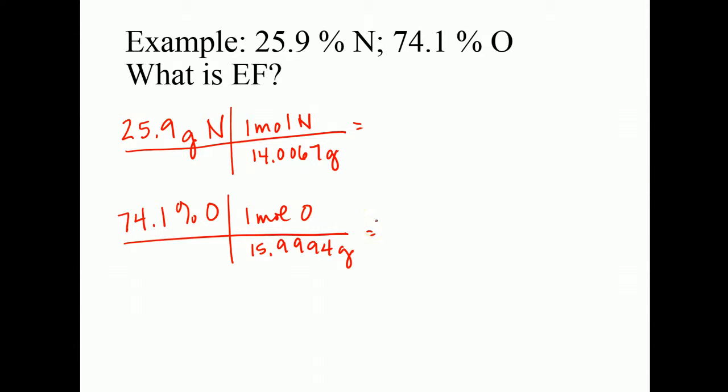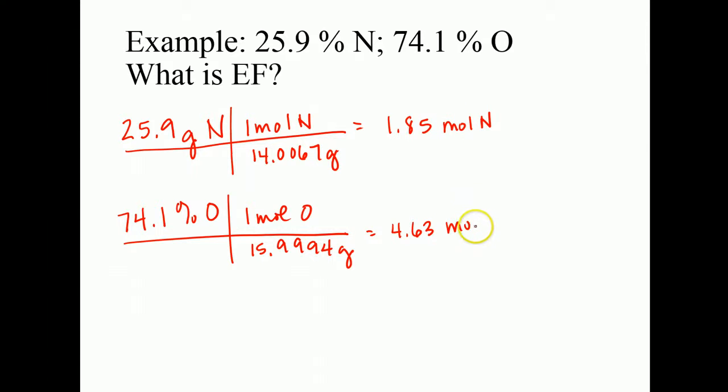When we divide, for the first answer we get 1.85, and for the second, we get 4.63. So again, our steps are percent to grams, grams to moles. I've now found my 2 mole numbers.